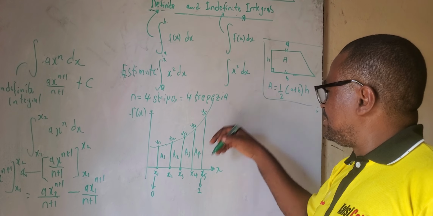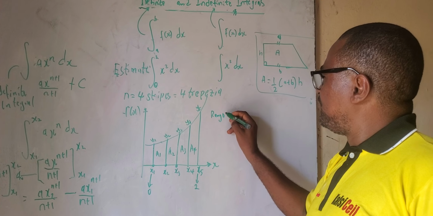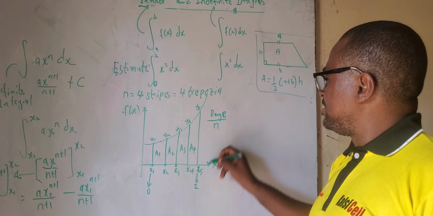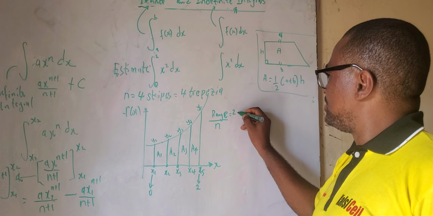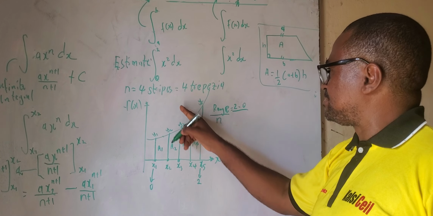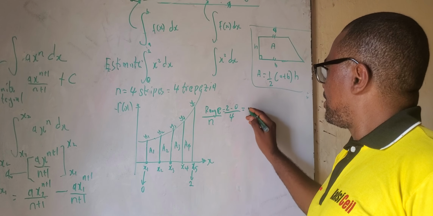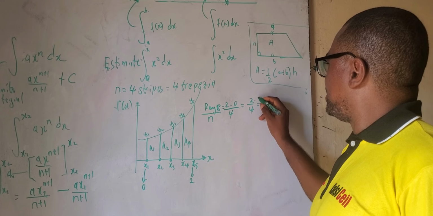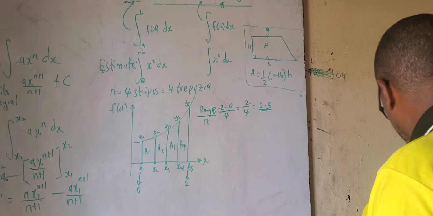And the value for that interval is the range of the limit divided by the number of stripes. And the range of the limit simply means upper minus lower. 2 minus 0 divided by the number of stripes, that is 4. So I have 2 divided by 4. 4 in 20, that will be 0.5.